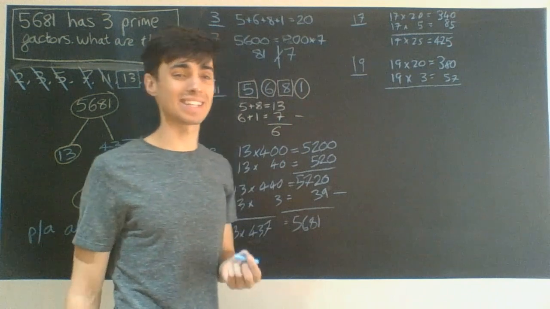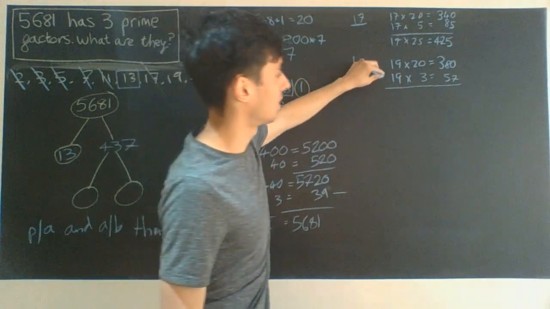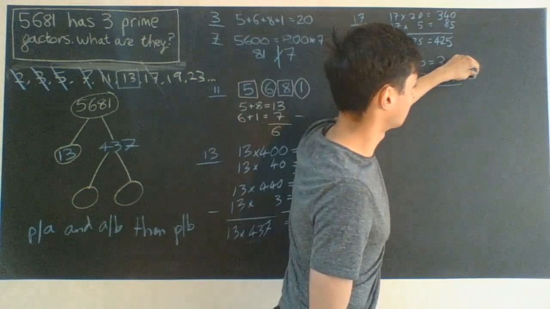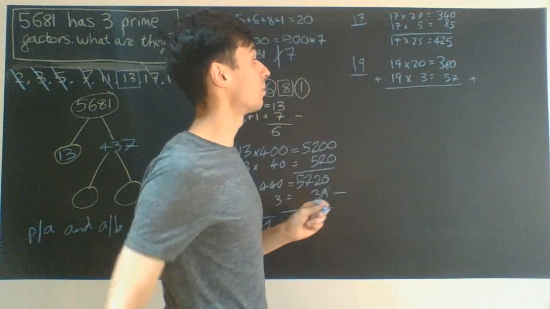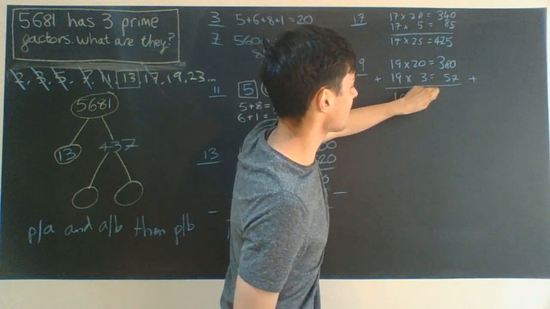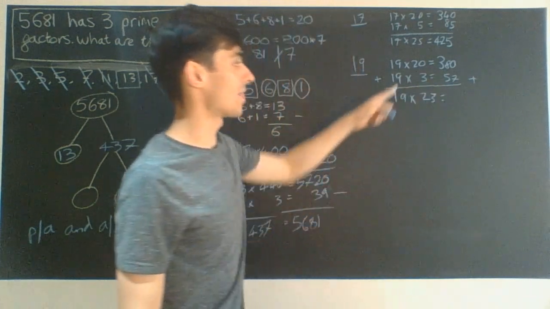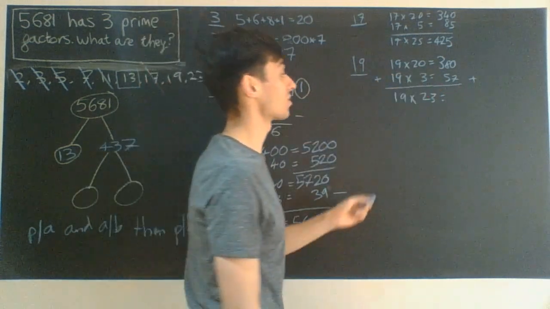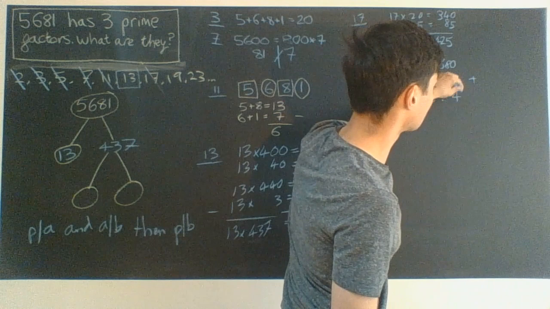It's 3 less than 60. If we add this row to the row above, we will end up with 19 times 23, and that will give us 380 plus 57 is our 437 that we are looking for.